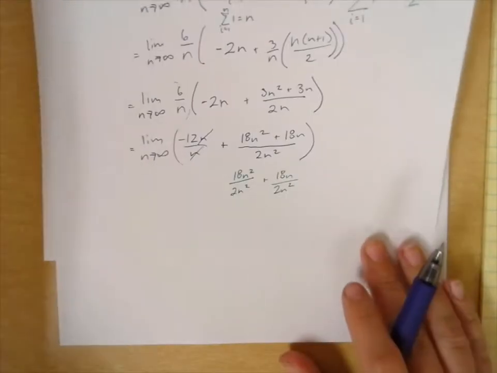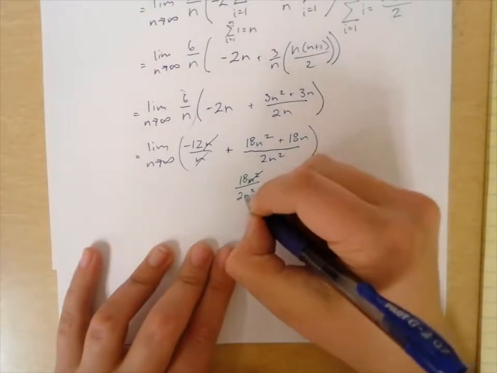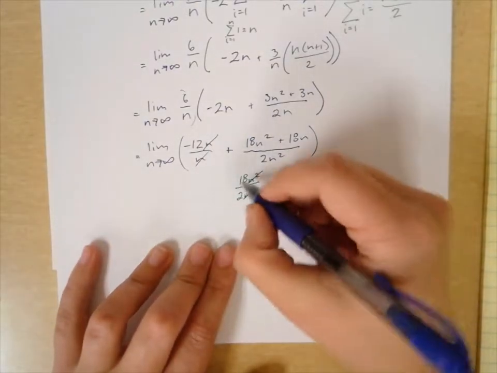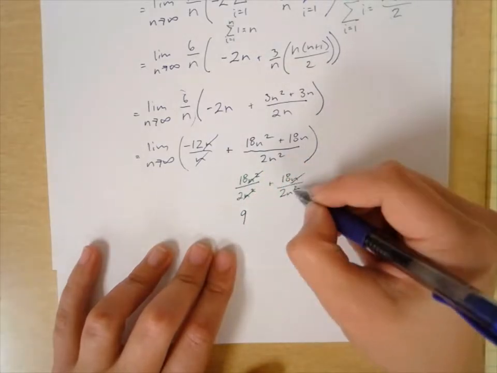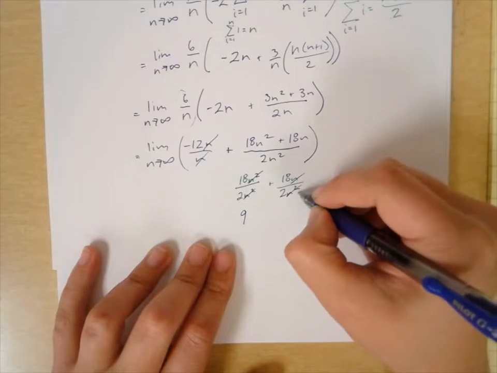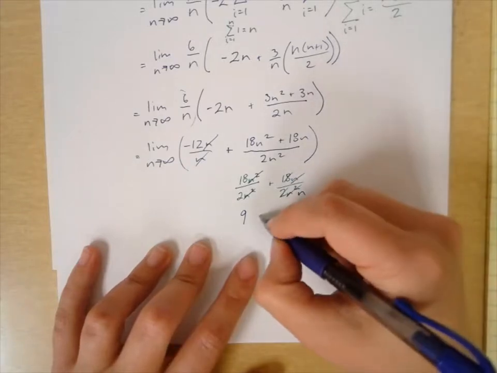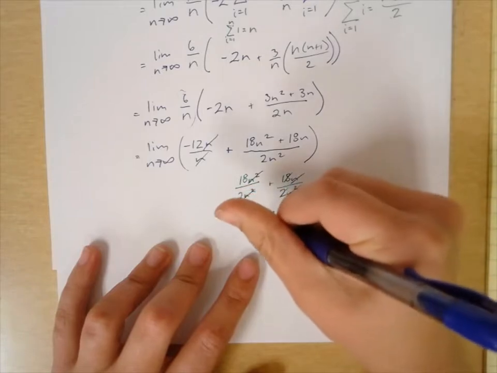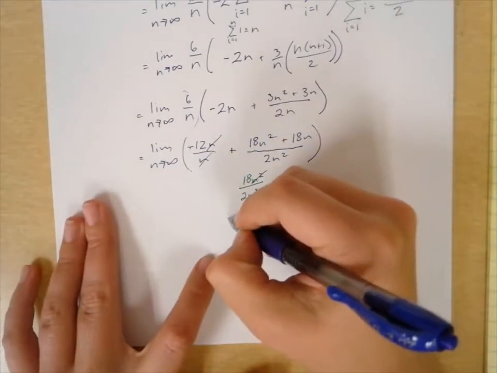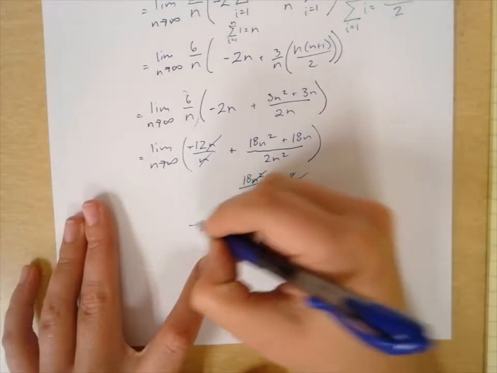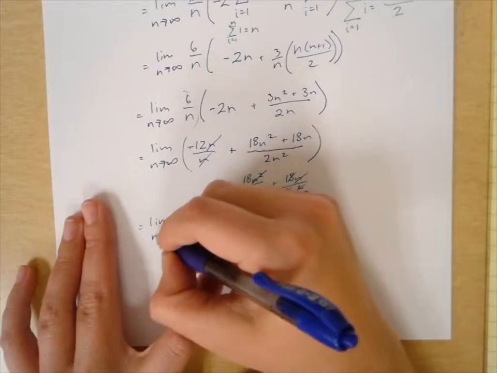I can see that what I really have going on is n squared over n squared, which goes away, and 18 over 2 should get me 9. And here, n and n cross out, but I still have an n on the bottom, and 18 over 2 becomes 9. So I have a plus a 9 over n. And here I still have a negative 12, and I'm still taking the limit.